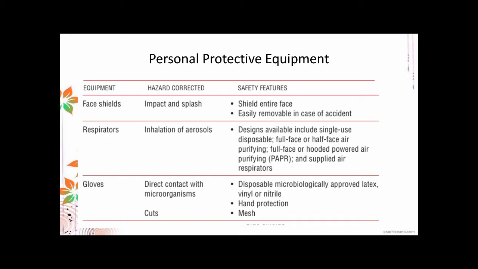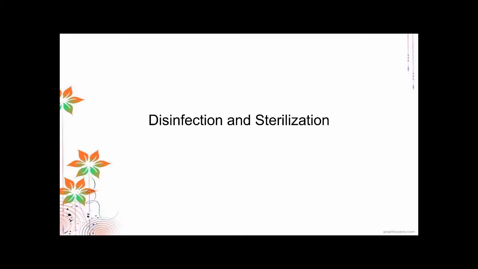It prevents direct contact. Never ever conduct a microbial laboratory without gloves, even if it's a biosafety level 1. You must always wear surgical gloves. So disposable microbiologically approved latex, vinyl, or nitrile gloves. These are for hand protection, and having mesh gloves if you're handling sharps.